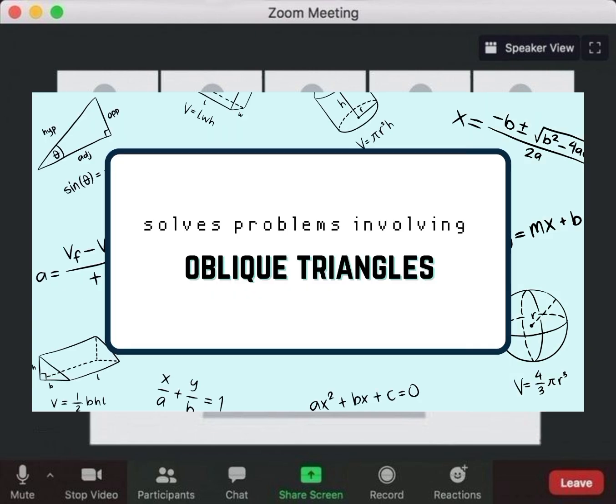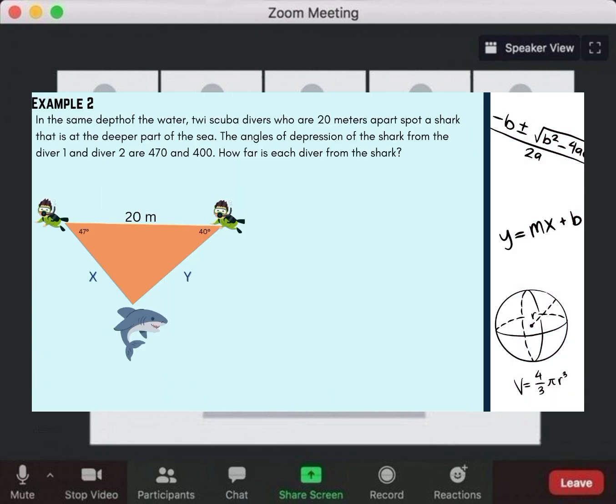Example number 2 on solving problems involving oblique triangles. The given is the same depth of the water. Two scuba divers who are 20 meters apart spot a shark that is at the deeper part of the sea.